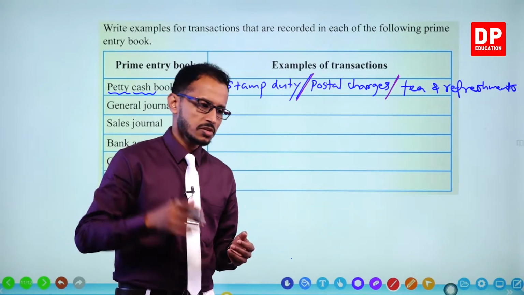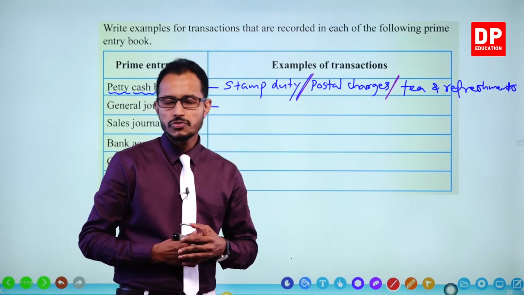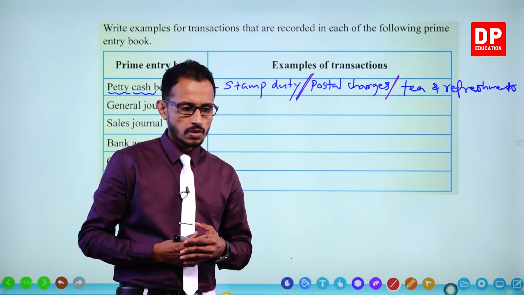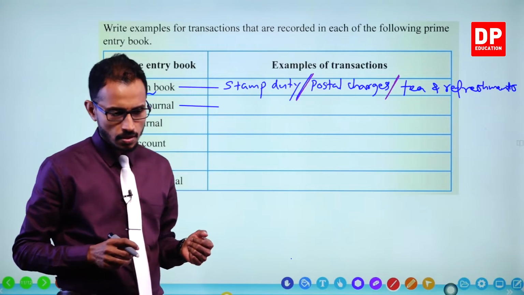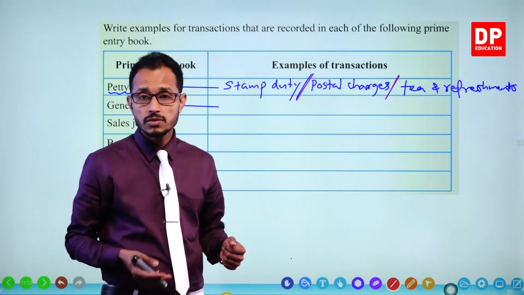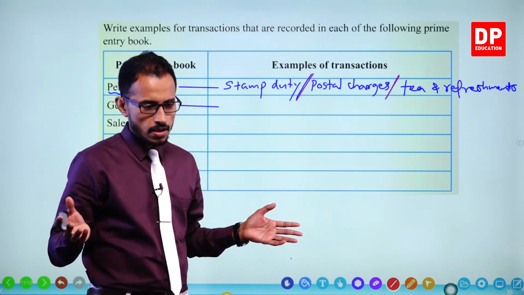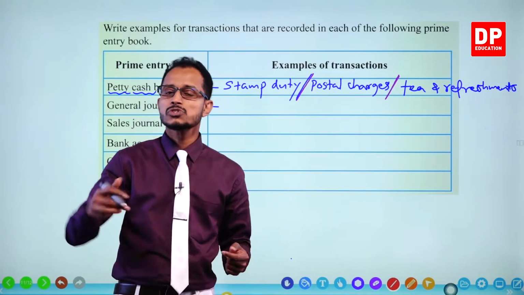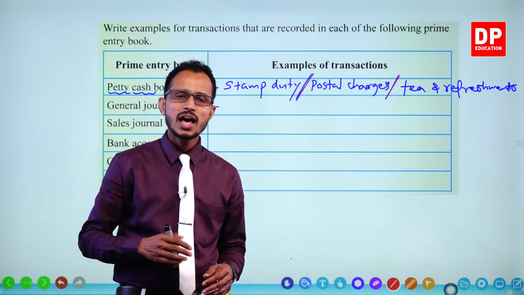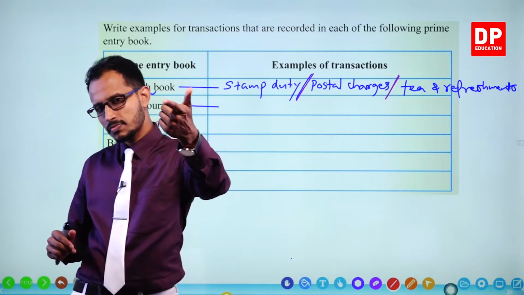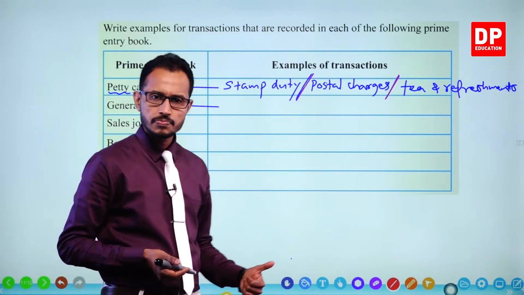Or transactions such as received a check from a debtor, received a cash refund from a supplier, cash sales, goods sold on cash, all are going to the cash book because all are cash transactions. Can't put to the general journal, right?